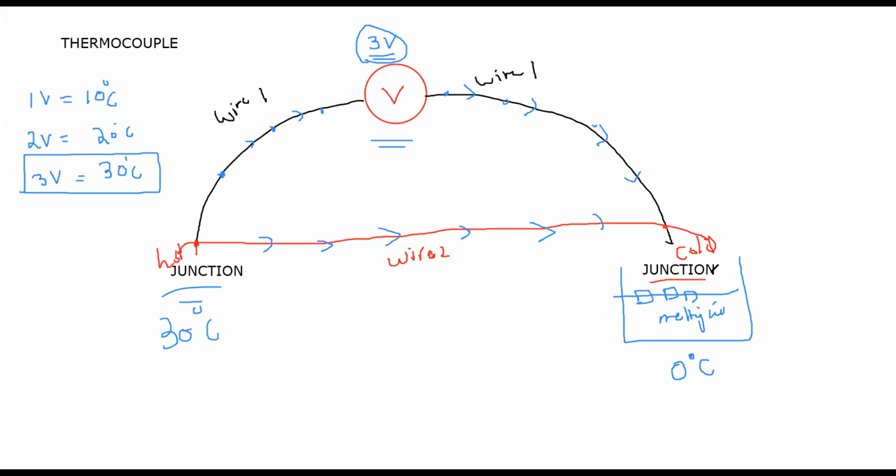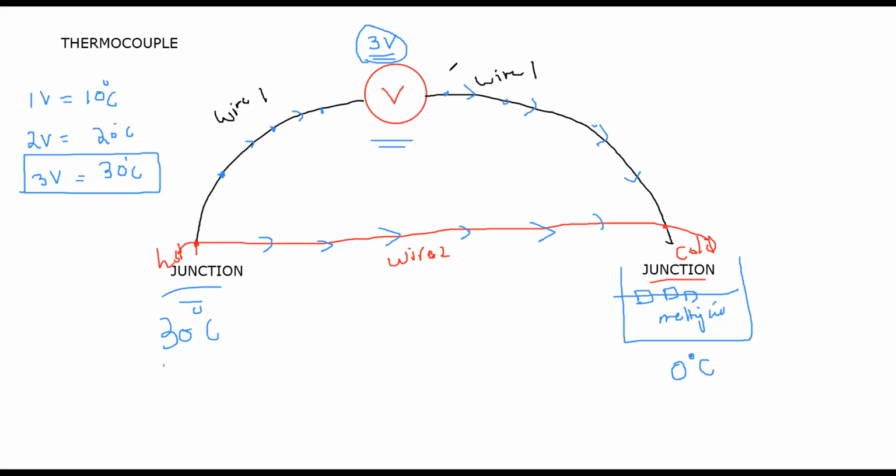At a cold junction, we can place any object of known temperature, but normally we place ice. Why do we place ice? Because then the difference in temperature will be the same as the temperature of the hot junction. Otherwise, if there was any other object at the cold junction, the difference in temperature would be relative to the temperature of that cold junction.